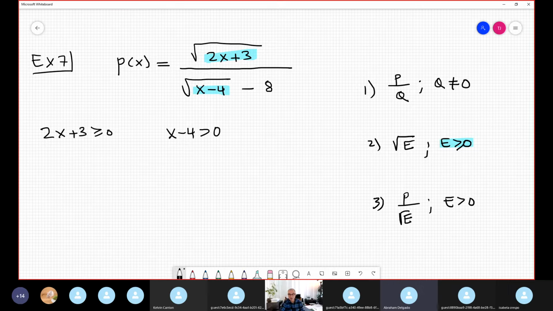And what about restriction 1? Are we using it? Yes, because I need to guarantee somehow that the expression in the bottom is never 0. So you copy: square root of x minus 4, minus 8, never 0. Make sense?